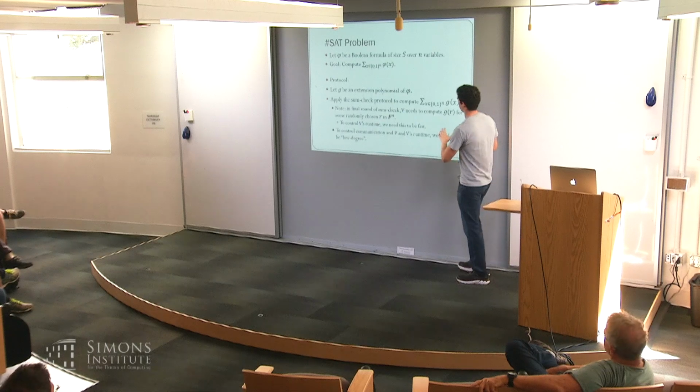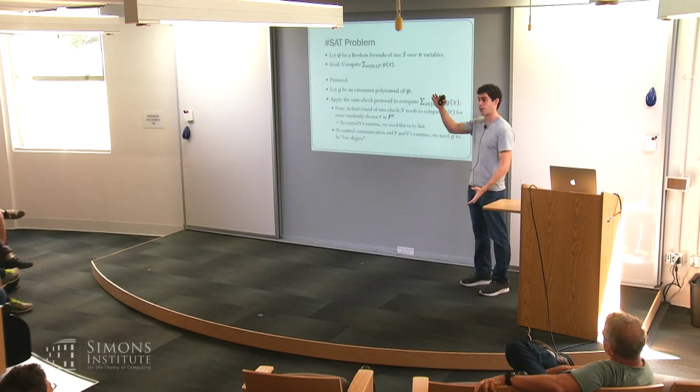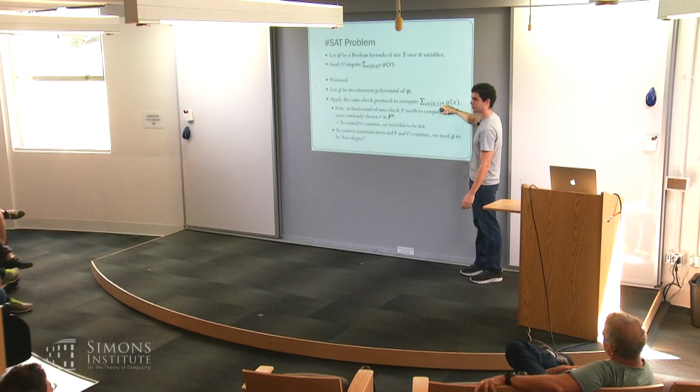So we are not going to use that picture. No party is going to materialize that whole picture. You're right, that picture, like the polynomial, had this huge domain. The domain of G is field to the n. That's a huge domain. So not even the prover is going to materialize that whole domain. In order to apply the sum check protocol to a polynomial, it's just important that the prover and verifier be able to evaluate the polynomial efficiently at any desired point. That doesn't mean they have to evaluate it at every single possible input.